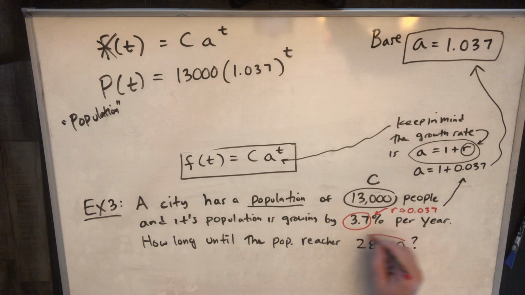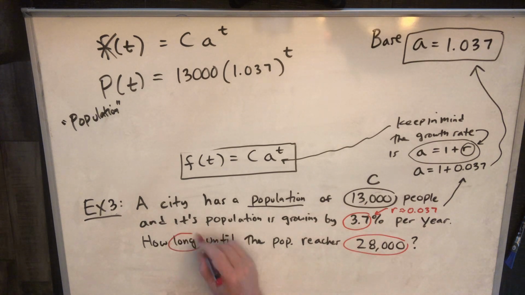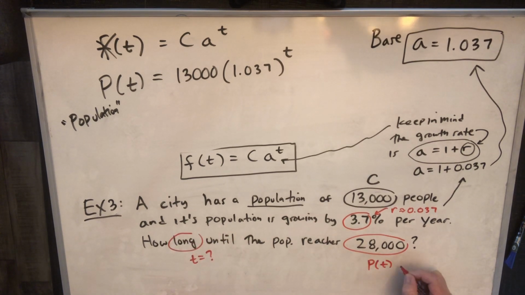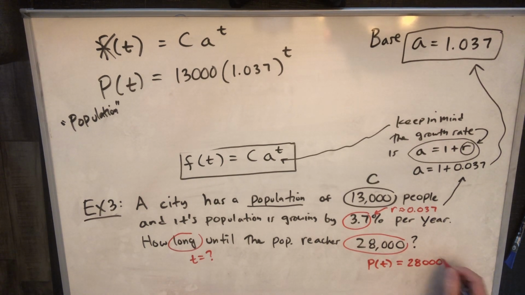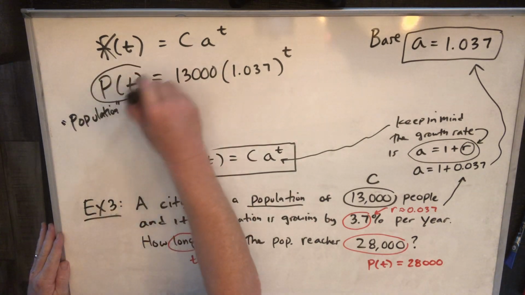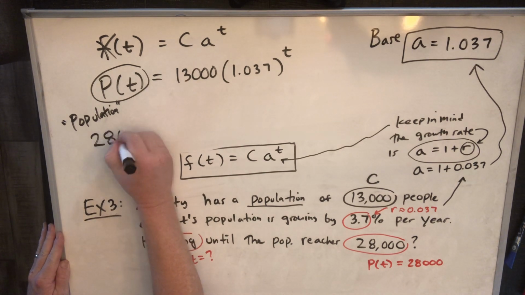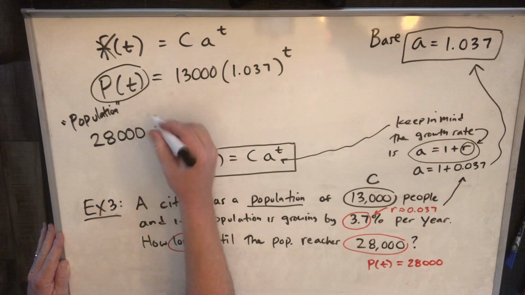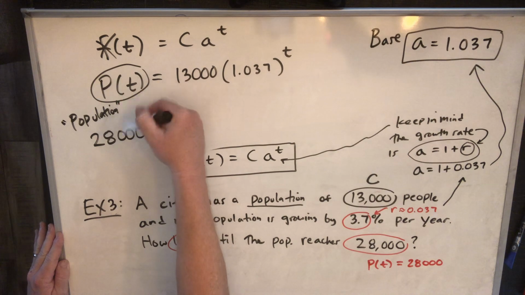The question is when, how long, so what's t going to be if p of t, population at time t, is 28,000? So we're going to replace our p of t with 28,000. That's what I meant when you can literally just call this y.